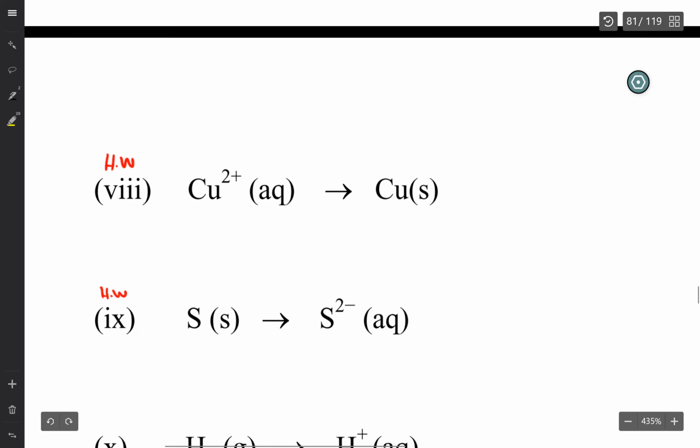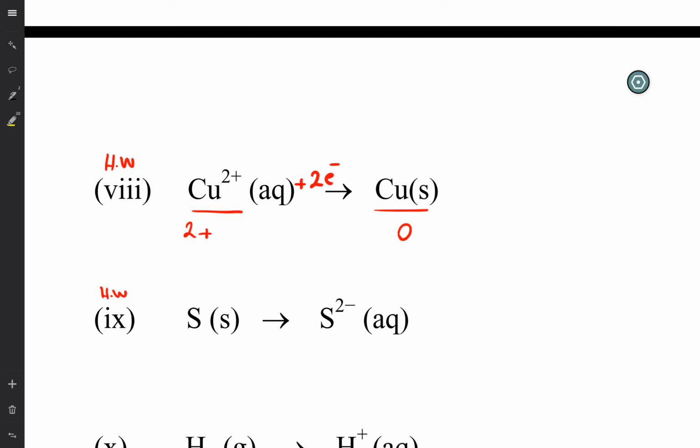Cu2+ gives you Cu. Again, we have one copper at the left and one copper atom at the right side. So the mass is balanced, but the charge at the left is 2+, at the right side is neutral. So we add the electron to the left side. Always we add the electron to the side which has extra charge, or the charge is more than the other side.